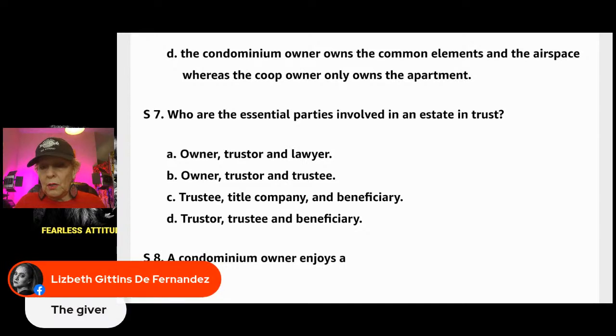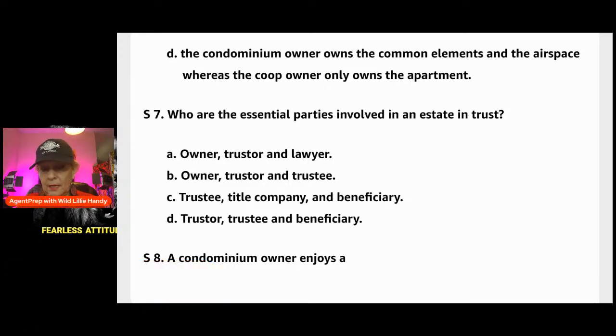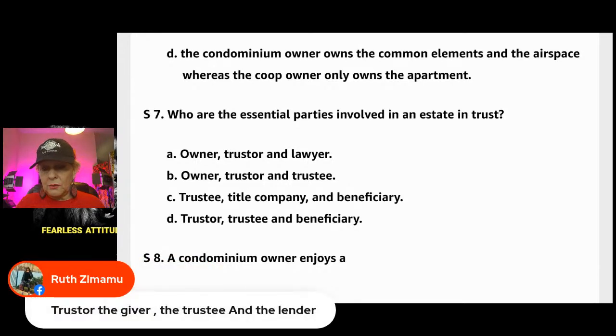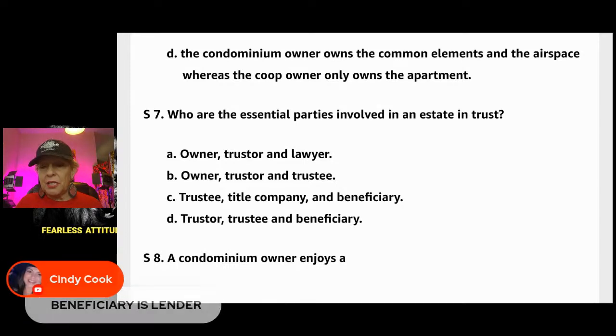So the trustor is considered the giver, right? They're giving back collateral, the deed of trust. The trustor is the giver, correct. The trustee and the lender, right? The lender is the beneficiary.